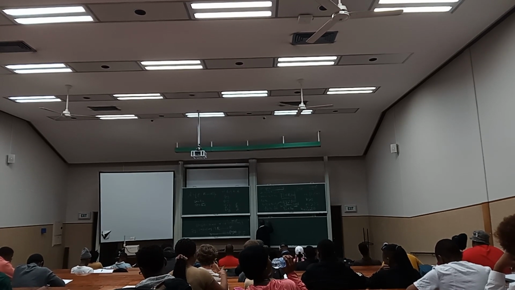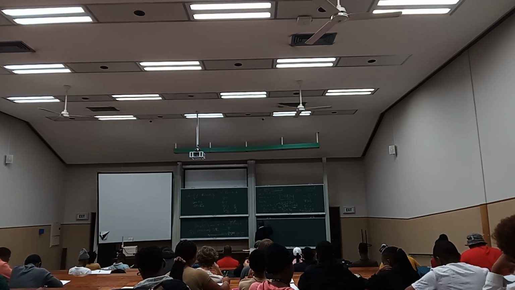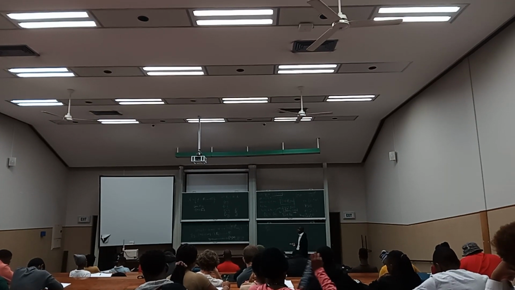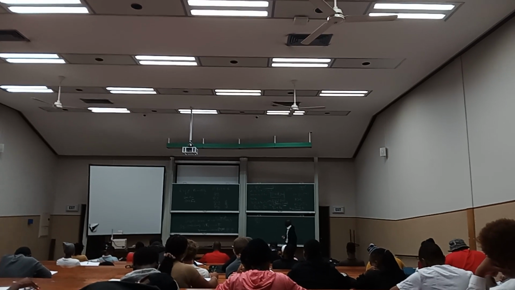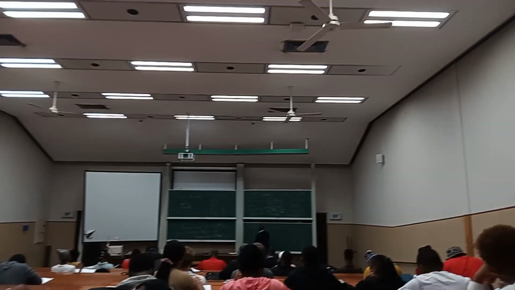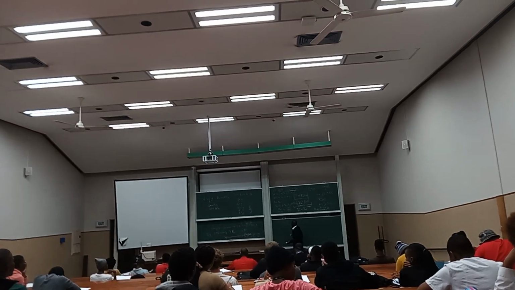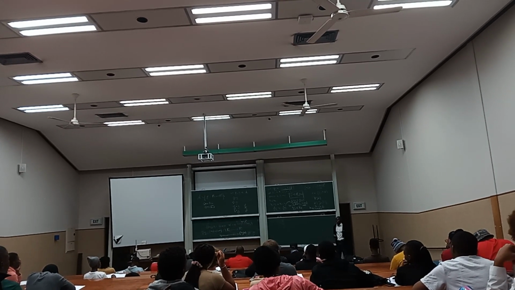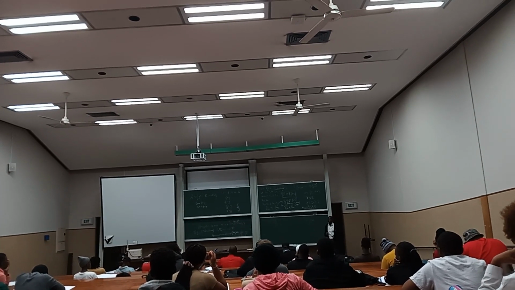If I want to do f of x divided by g of x, I want to make it like that. And I want to know the domain. So by definition, I give you a function f and a function j, and I want to know what is f over j. F over j of x, you see?